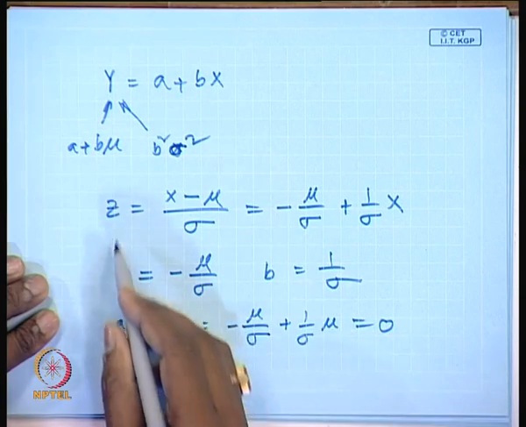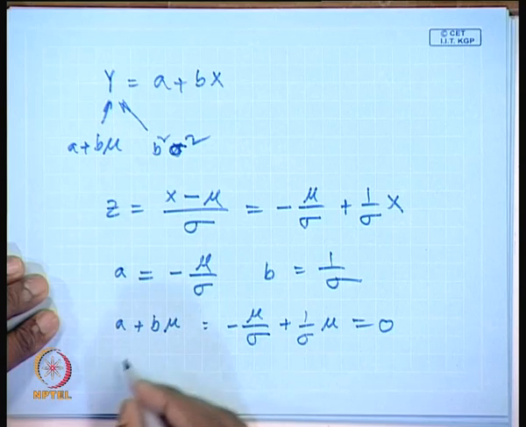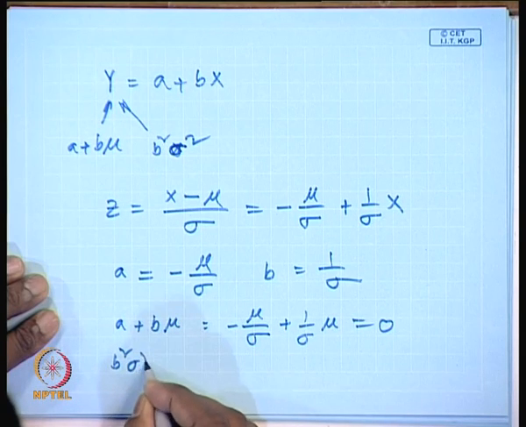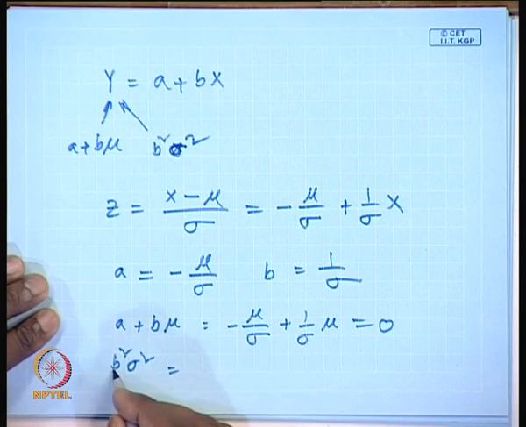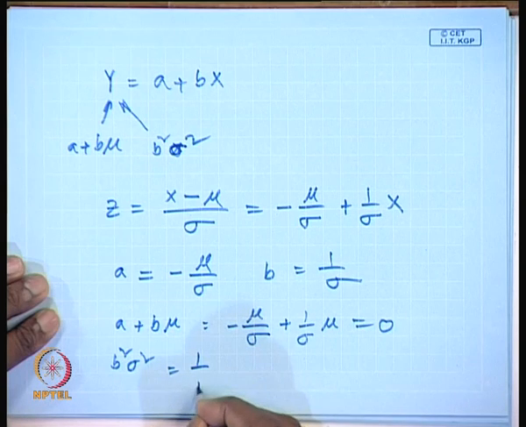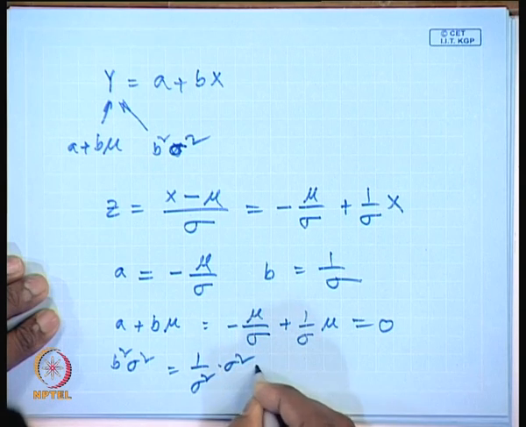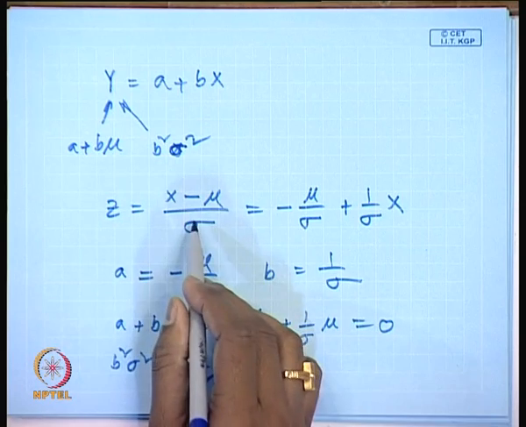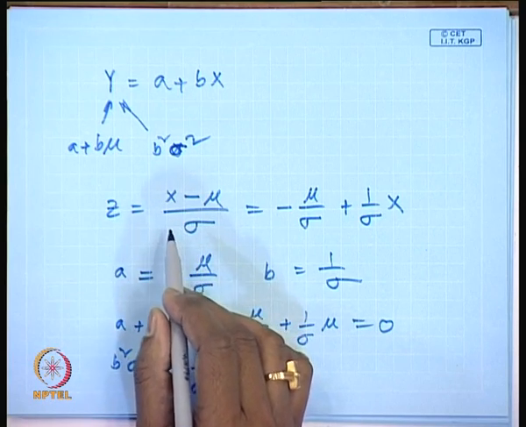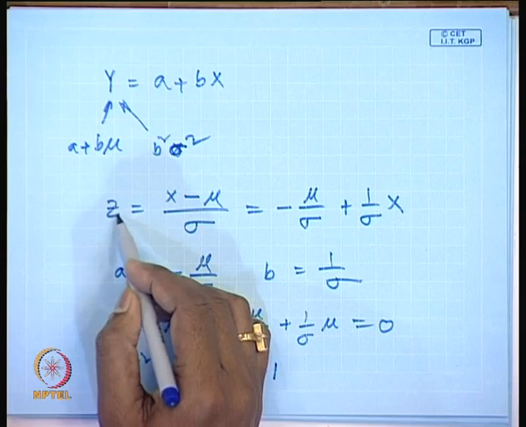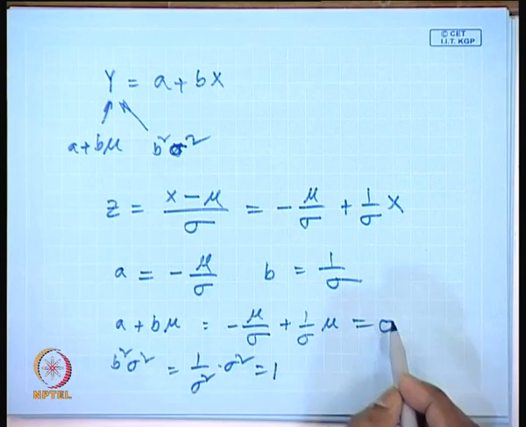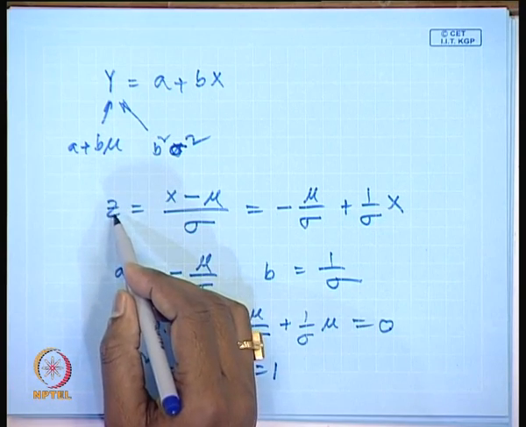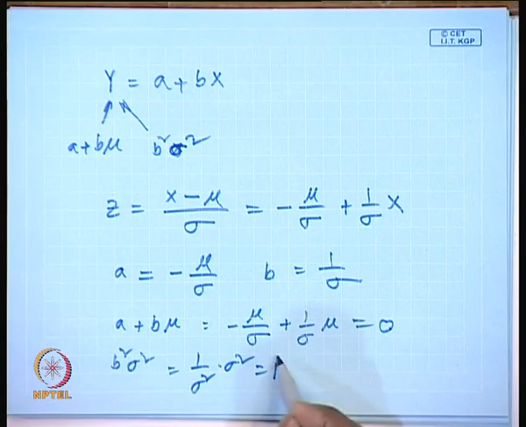And the variance for this z is b square sigma square, which is again 1 by sigma square multiplied by sigma square, equal to 1. So, we have converted it in such a way that the mean for this new random variable is 0 and the variance for this new random variable becomes 1.